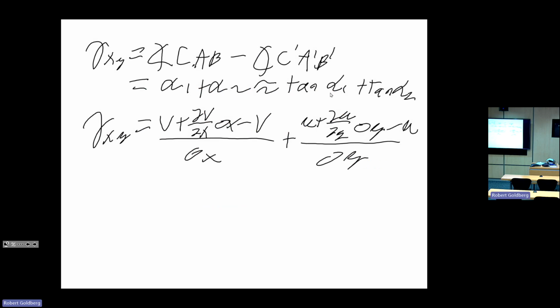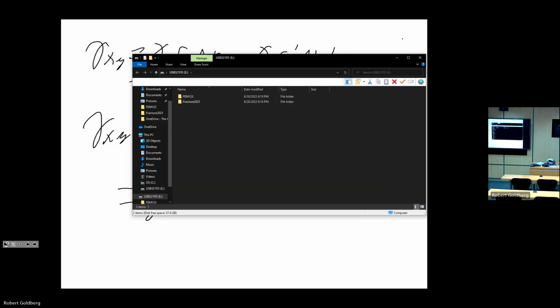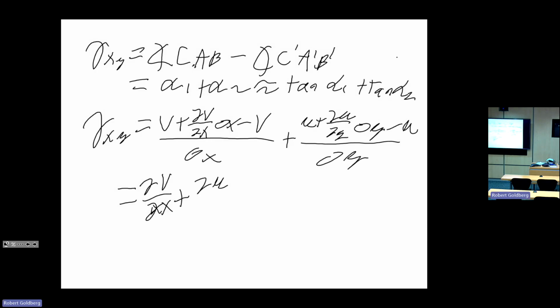So when we cancel out all our terms, we end up that it's equal to dv dx plus delta u delta y.